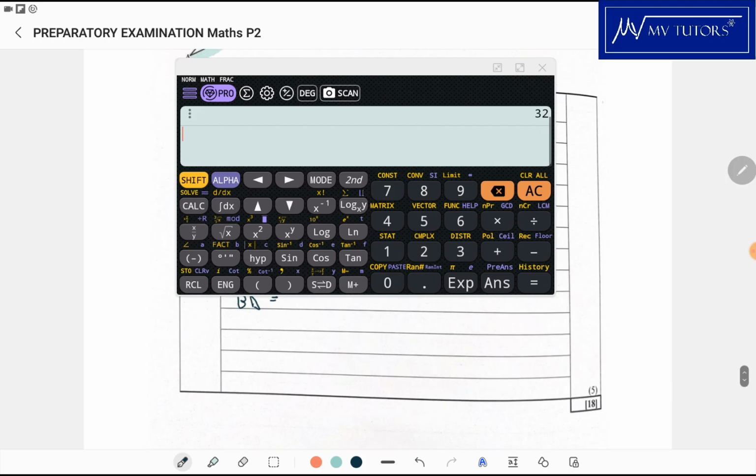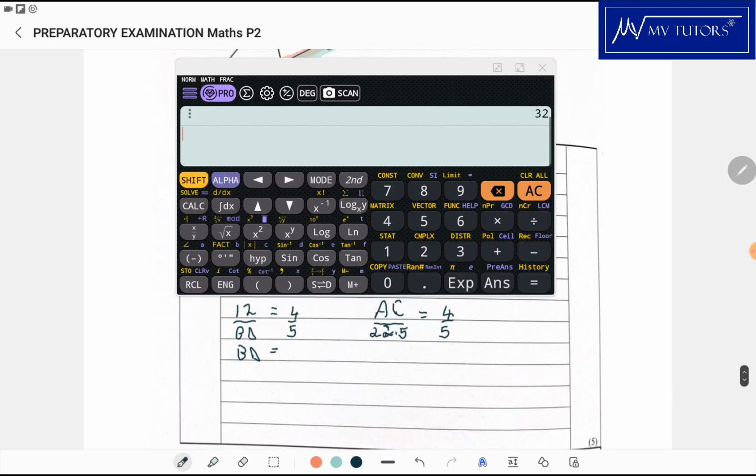Let's just see the numbers. If I bring BD, it's gonna be 12 times 5, and then divided by 4 to get the length of BD. So BD is going to be 15 units. Okay.